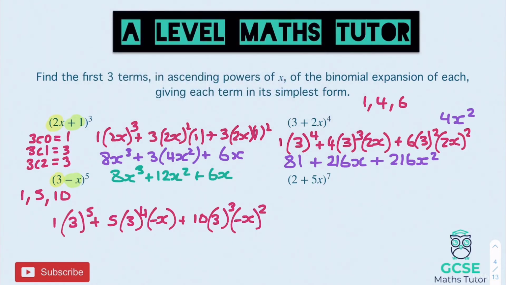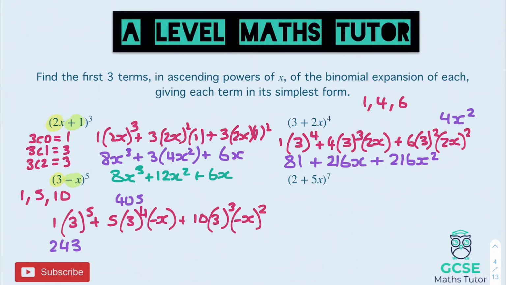So 3 to the power of 5 on the calculator is 243. So 243. Then 5 lots of, so 5 times 3 to the power of 4, there we go, is 405. But that's going to be multiplied by negative x. So we've got 405 multiplied by the negative x, which is going to be minus 405x.